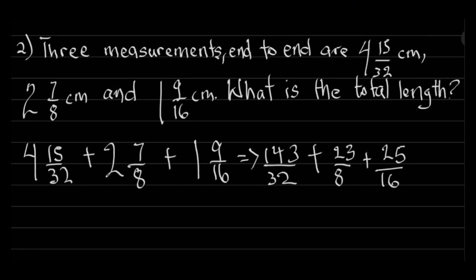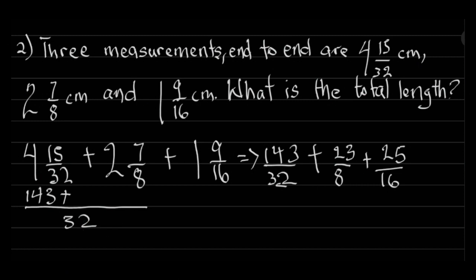Now let's see what we can cancel out and what we cannot. Obviously, since we are adding, we cannot cancel any of them. So we just have to find our LCM and move on. And we can all testify that 32 is the LCM. So we are going to have 32 here. 32 would go into 32 once. So we are going to have 1 times 143, which is 143. 8 will go into 32 how many times?